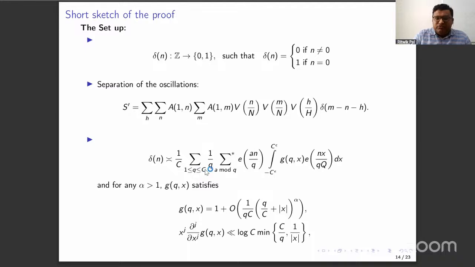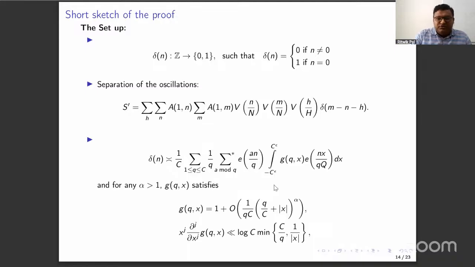Then there is a sum over Q up to C. Then there is a sum over a modulo Q, and the summation is taken over the coprimes modulo Q. So there is an exponential twist e to the power an by Q, and then there is this integral g_Q, e to the power nx by small q times Q. Oh, this capital Q inside the integral will actually be C. I have written it mistakenly as capital Q. Sorry.